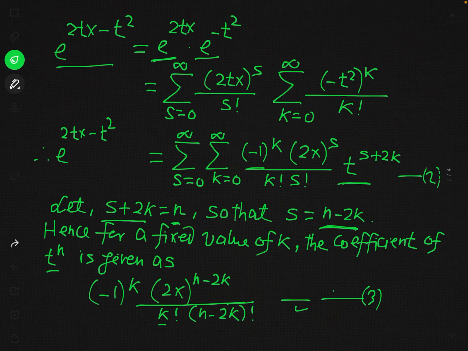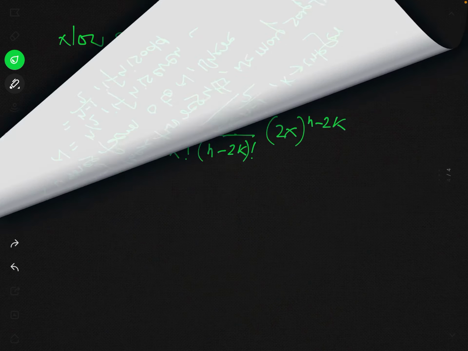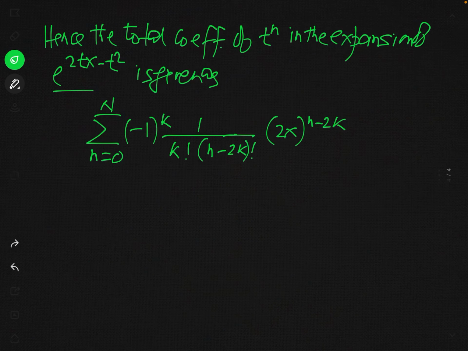So we take the summation from k equal to 0 to capital N, where capital N is small n over 2 when small n is even, and small n minus 1 over 2 when small n is odd. So this is the total coefficient.